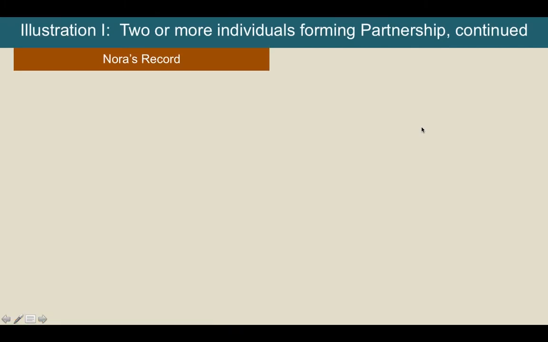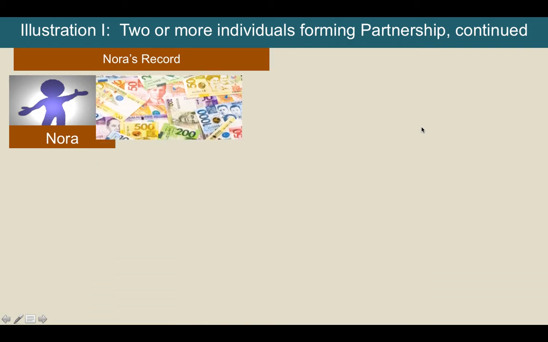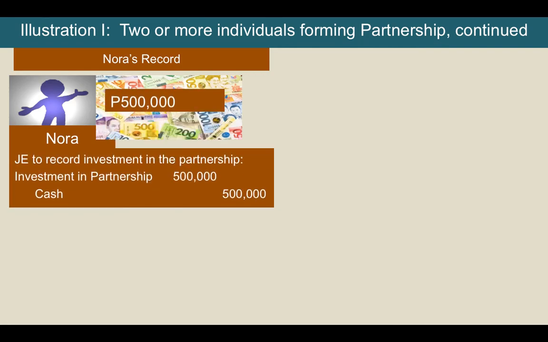And now, class, for Nora. Nora has cash of 500,000, and Nora will invest that cash in the partnership. Okay, so for Nora, she will do this entry in her record: debit investment in partnership of 500,000, and then this cash of 500,000 will now be given to the partnership.